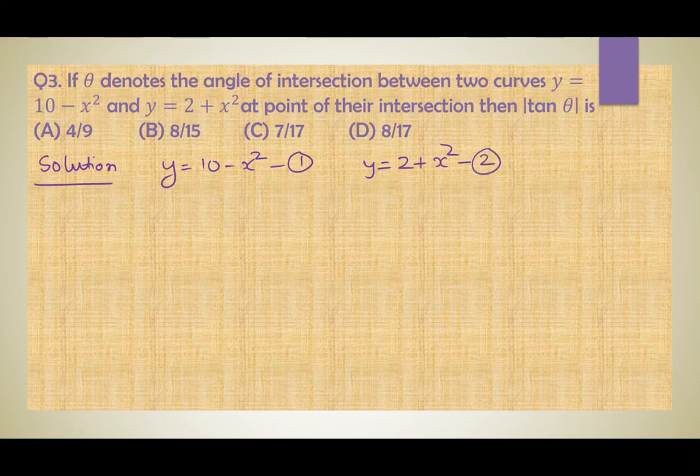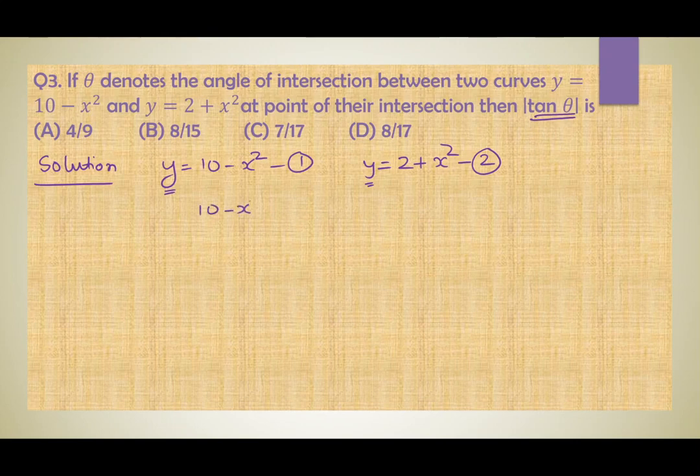Now you need the mod of tan theta here, where theta denotes the angle of intersection. So we have to apply the same procedure here that we have applied before. You can just equate equations 1 and 2 because their LHS are equal, and you need to obtain the point of intersection. So you have to solve them simultaneously.